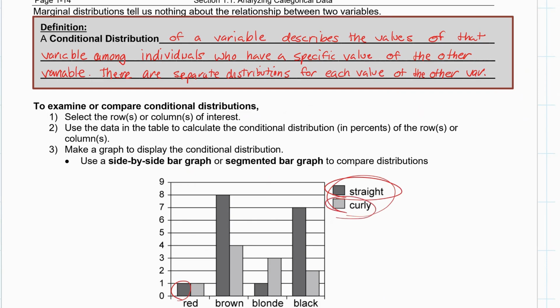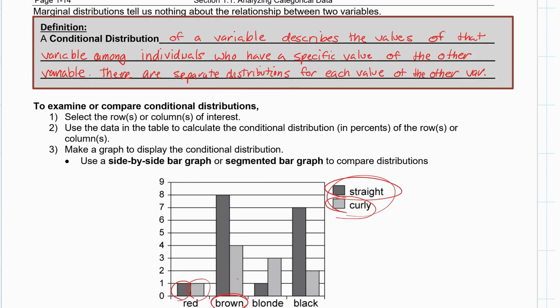Among the curly head people, how many had red hair? Among the brown haired people, how many had straight? How many had curly? Keeping one value of the variables constant, where we look at the difference in the distributions amongst the other variables.